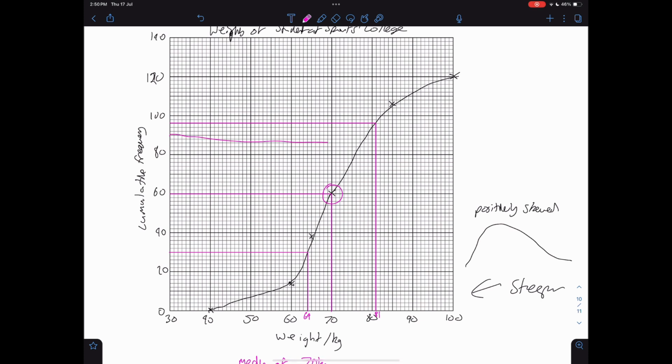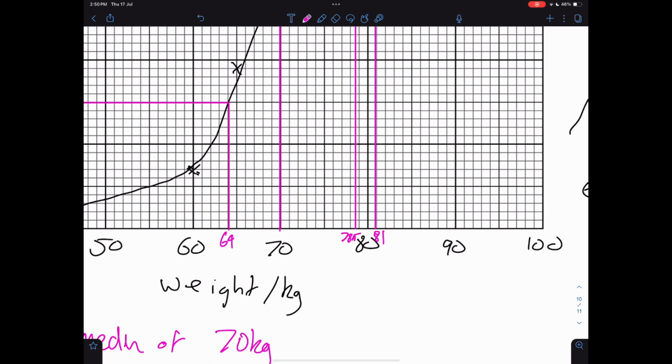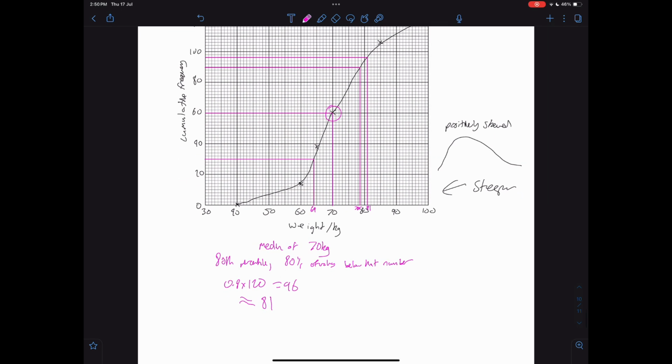And your upper quartile will be at 90. Rule there and down. About 78.5.